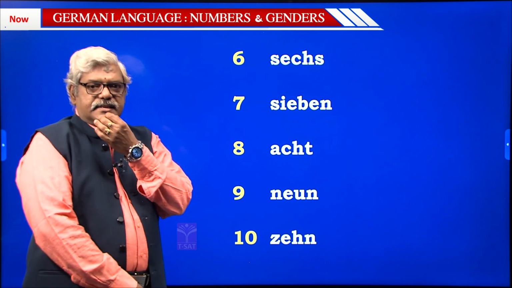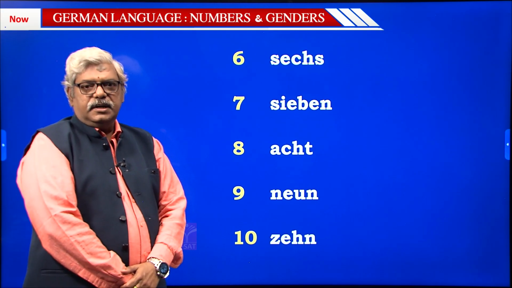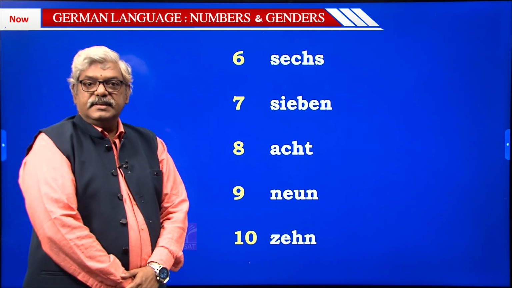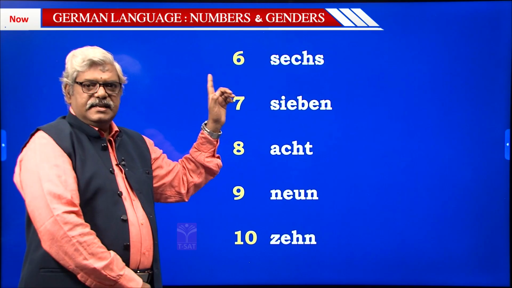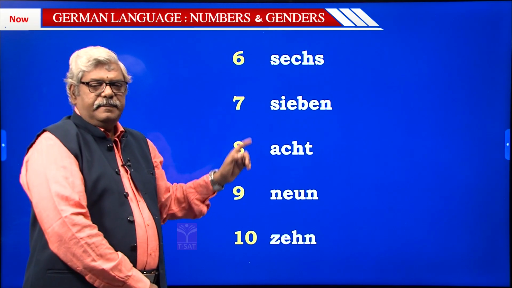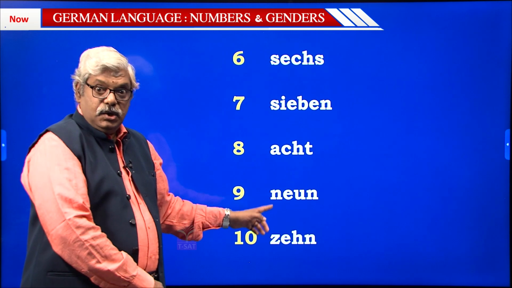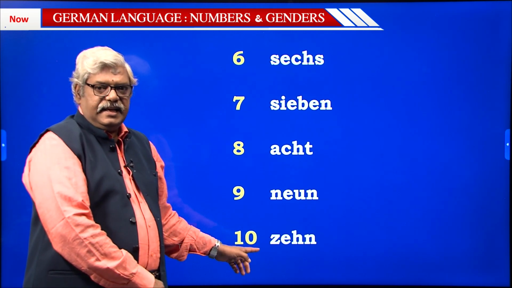Whenever you have the letter Z at the beginning of the word, you pronounce it with a T and S sound. So that's how zehn. Once again: sechs, sieben, acht, neun, zehn.